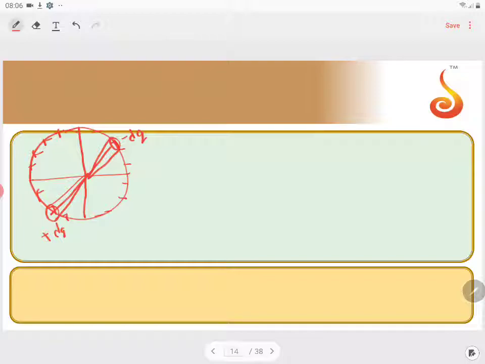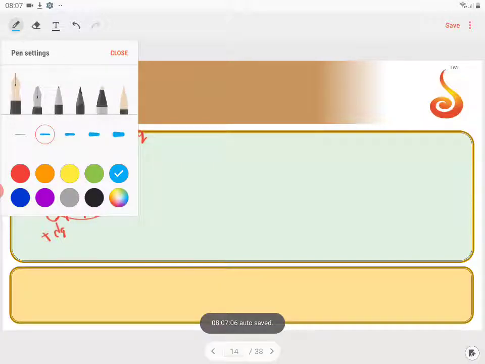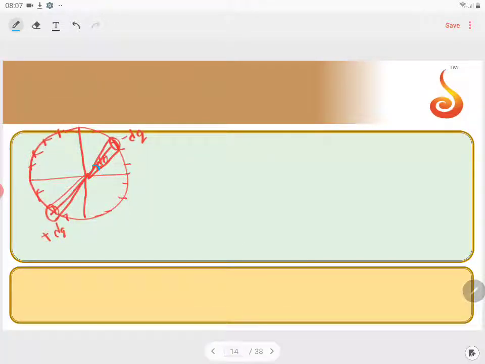Say the length of this element subtends an angle d theta at the center. Say the length of each small element is dl, so dl will be equal to r d theta. And the charge on each element is dq equal to lambda into dl, that is, lambda r d theta. This is the charge on each element.